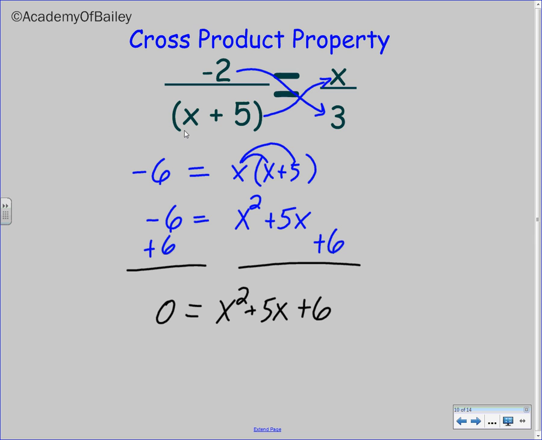So once we know that 2 times 3 is going to give us +6 and add up to give us +5x, we're going to say x plus 2 is one factor, and x plus 3 is the other factor. So how did we get x? x is here, because what is x times x? x squared.